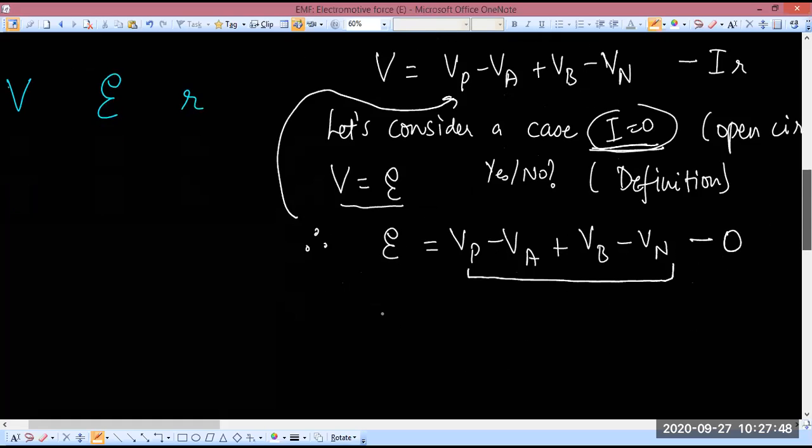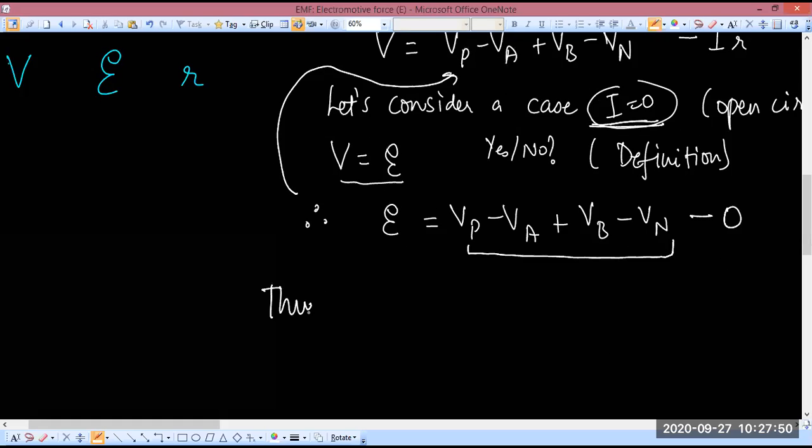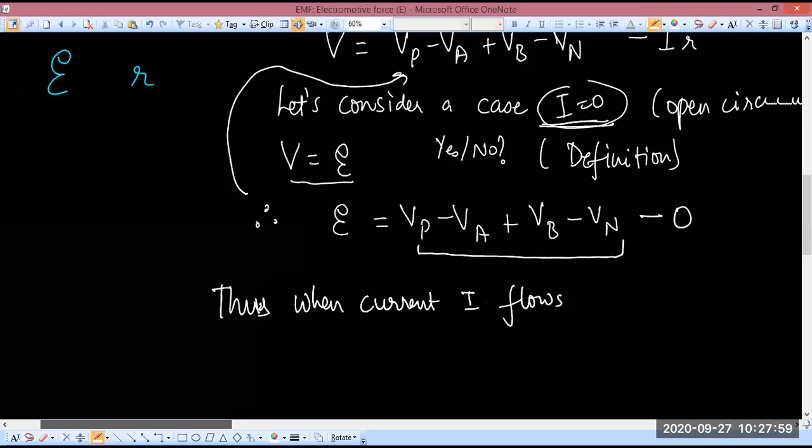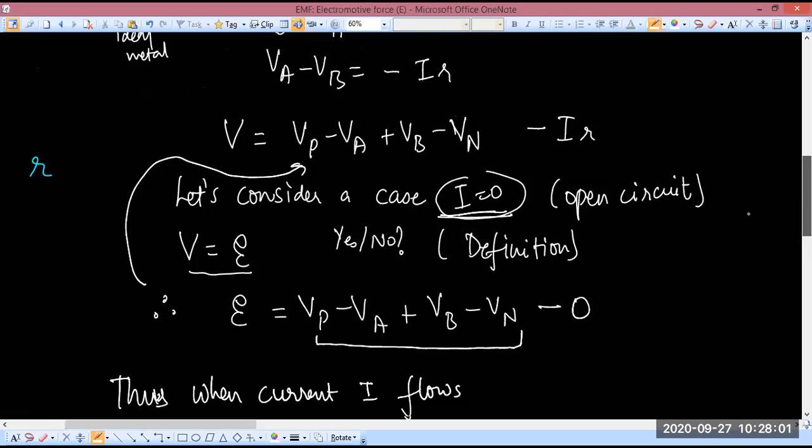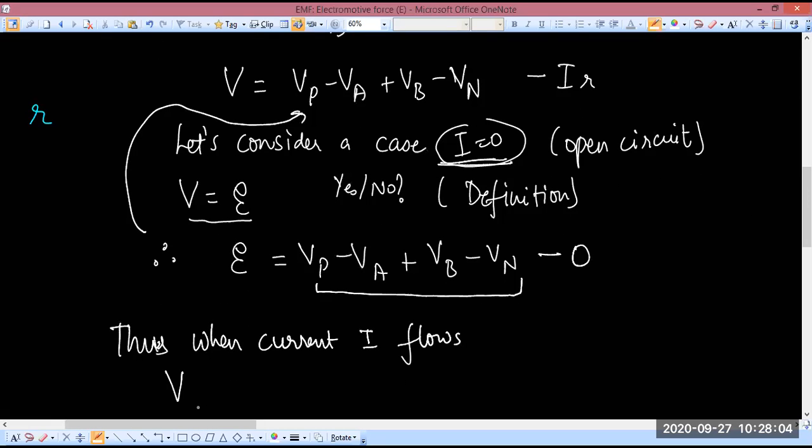So thus, when current I flows, V is equal to, instead of all of this, epsilon minus I R. Clear?